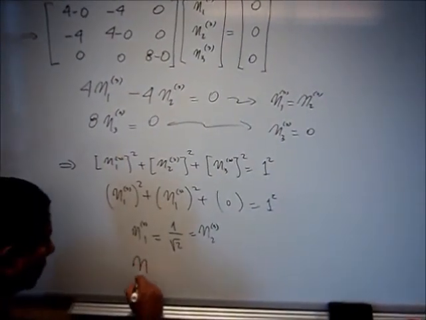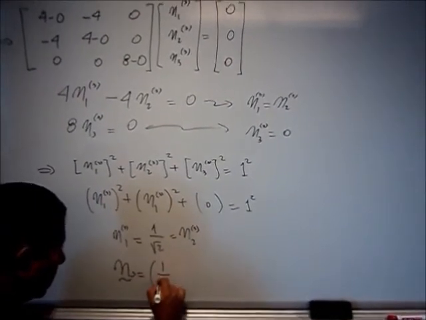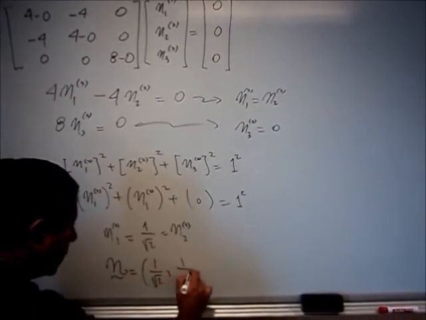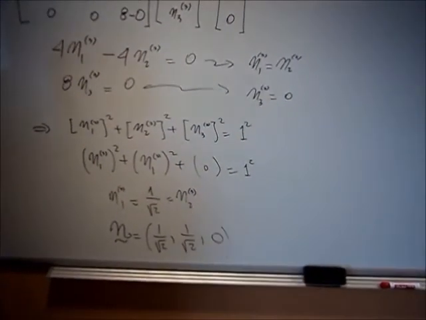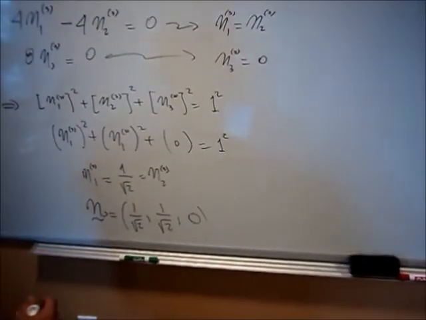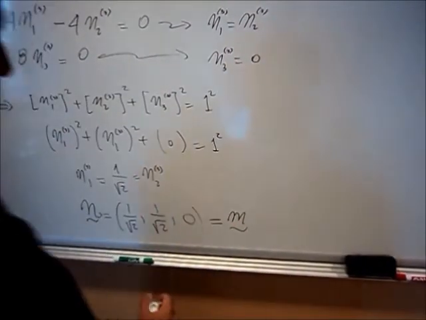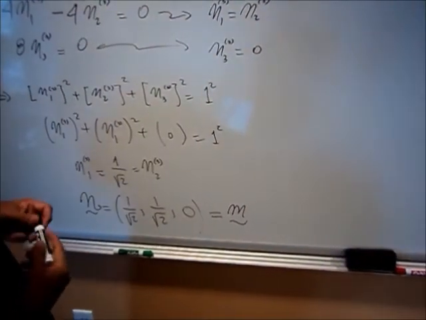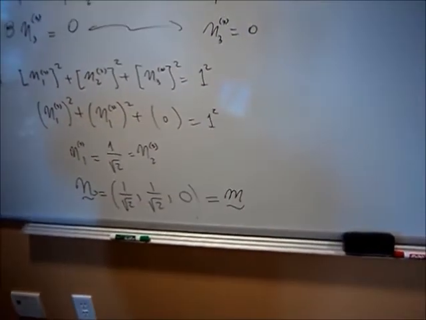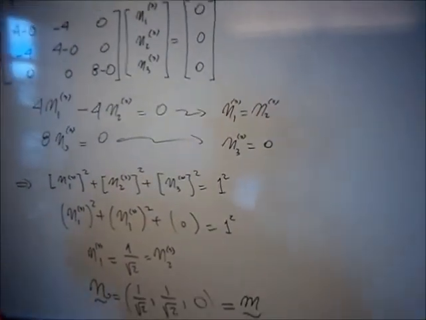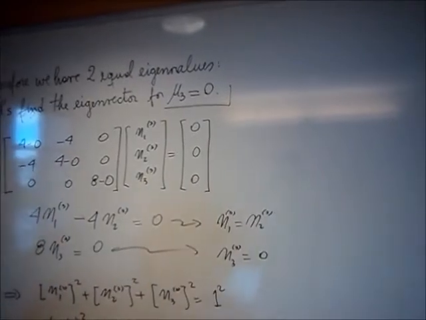Then vector n3 is equal to 1 over square root of 2, 1 over square root of 2, 0. And this is at the same time the vector m that we got at the beginning. So we have proved that vector m also is an eigenvector of tensor S, and its corresponding eigenvalue is u3 equals 0.